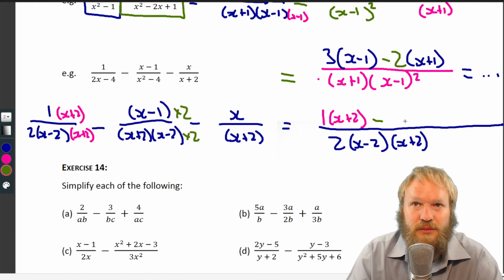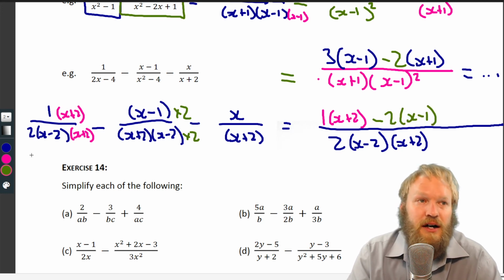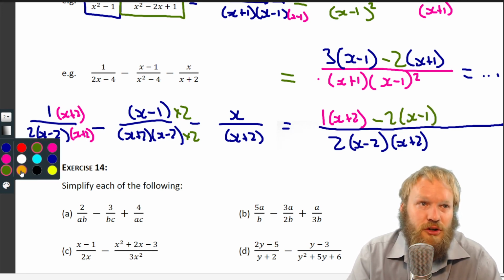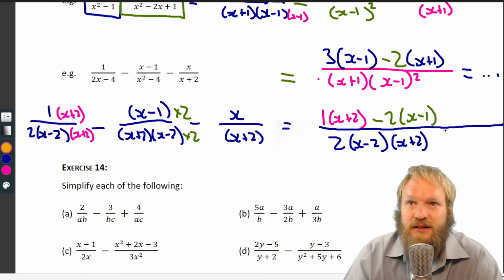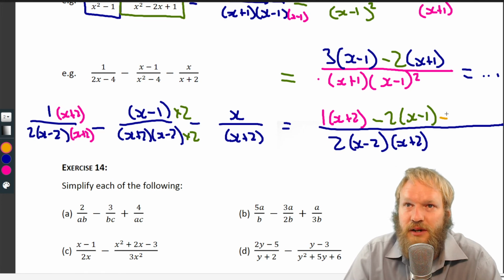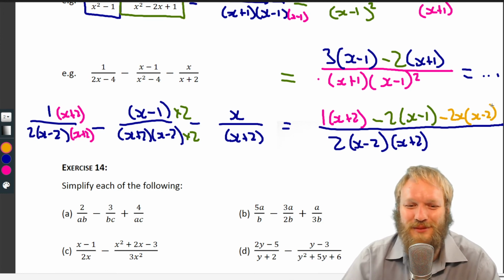So 2, x minus 1. And then for our last term in the numerator, we've got this minus x, so minus. We've just got x plus 2, so we still need to multiply it by 2, x minus 2. And we still need to multiply it by x. I'm just sneakily writing it in a neater form, but if you wrote 2x minus 2x, all good. It's kind of nice to put in those neat forms, I think.